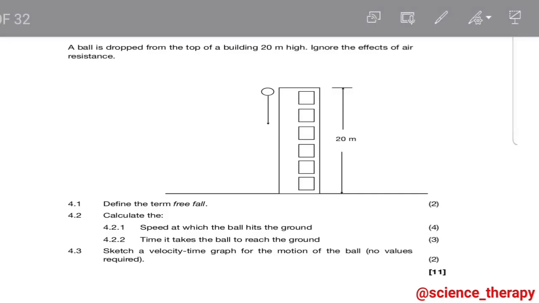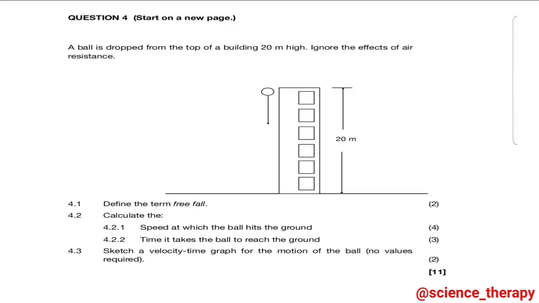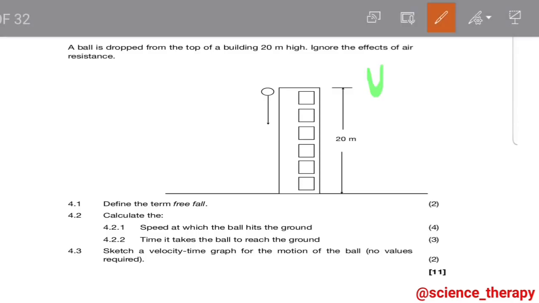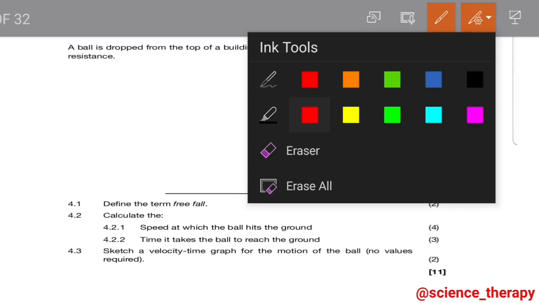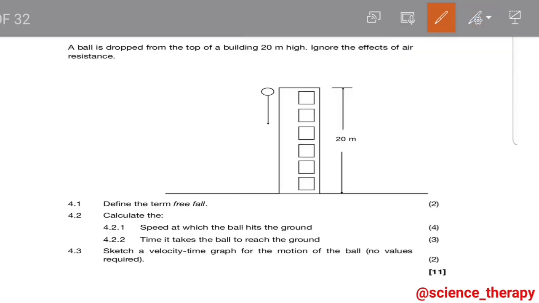Now let's check. What is the data that we have on this one? We are given that Vi. So we are not exactly given, it's the keyword. Since they gave us dropped, we know that Vi is equals to 0 meters per second, because if something is dropped, that means it is not given any initial velocity.